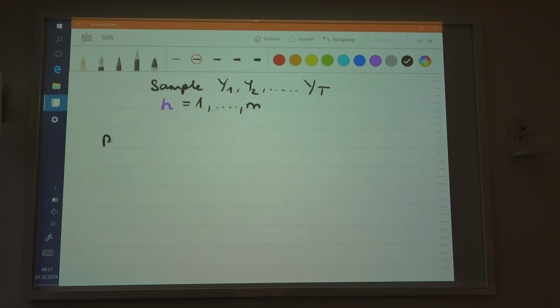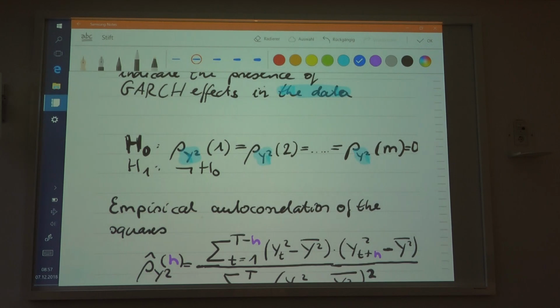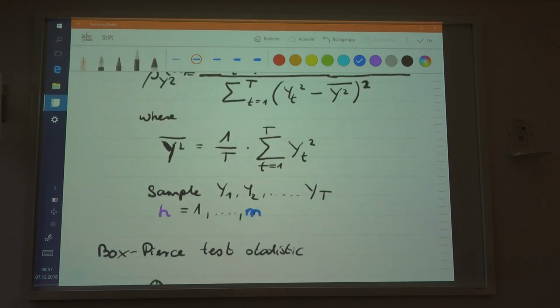First, this is the Box-Pierce test statistic, which I denote by Q_m, where m is the maximum time lag that you use for testing the autocorrelation.